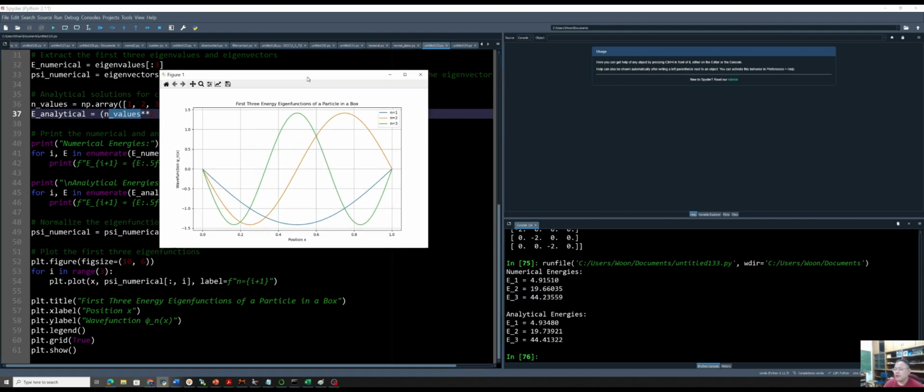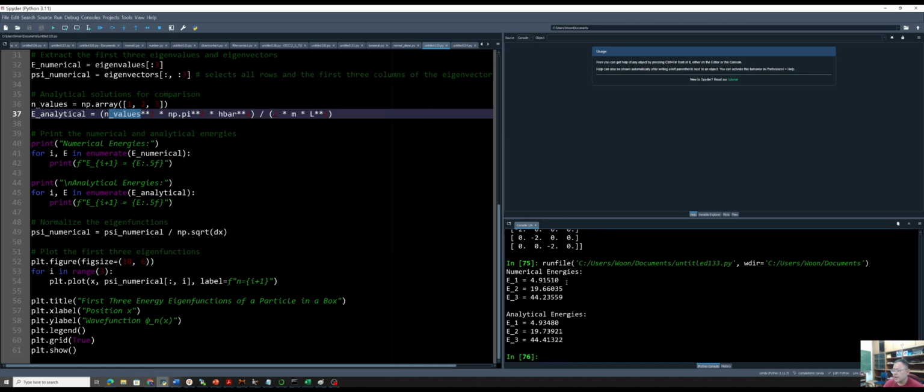That's what I get when a particle is confined in an infinite potential well. The first wave function would be this one, n equals 1, the fundamental mode, then n equals 2, the first overtone, and then the second overtone.